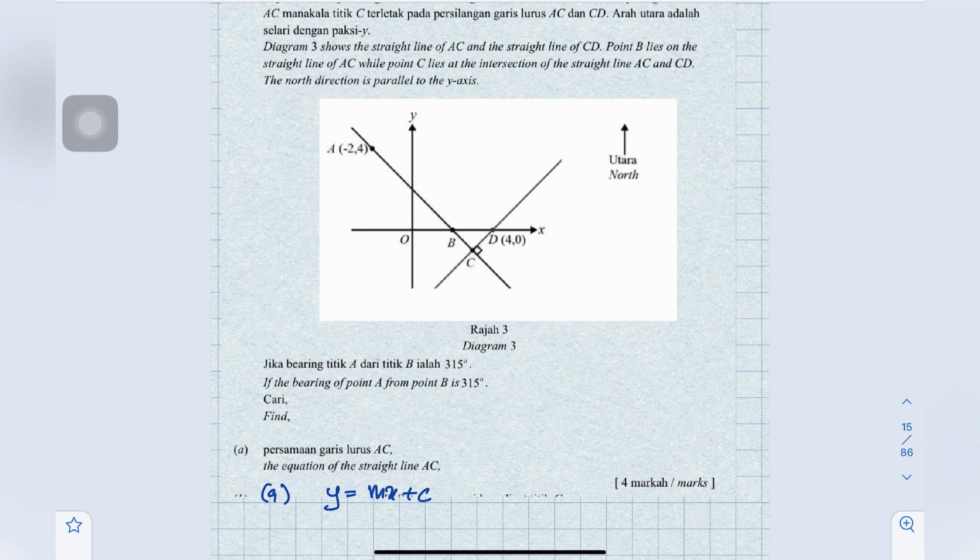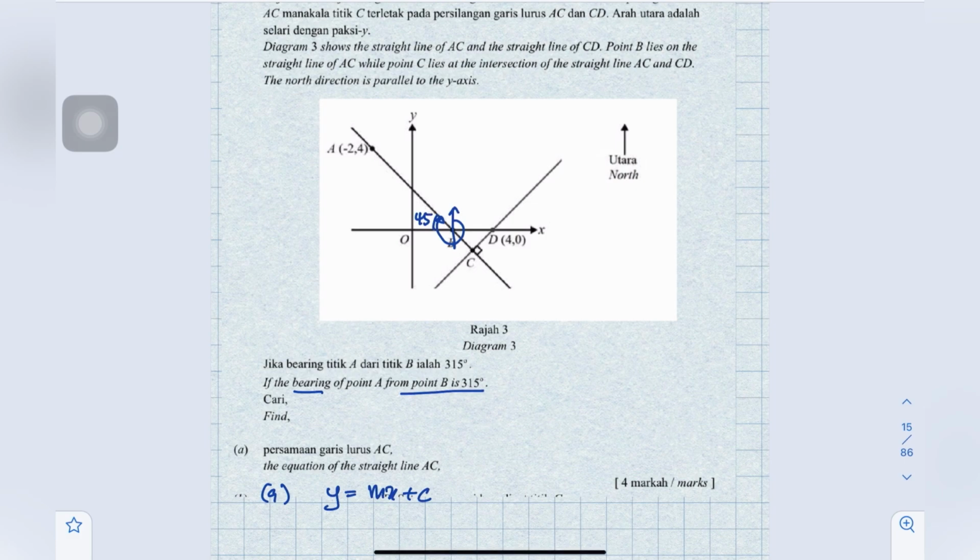Okay, so from the given information here, bearing from B to A, so from B we need to measure 315. Ni 315. Okay, so kita boleh cari angle ni yang acute. So 315 minus 270, this one is 45.